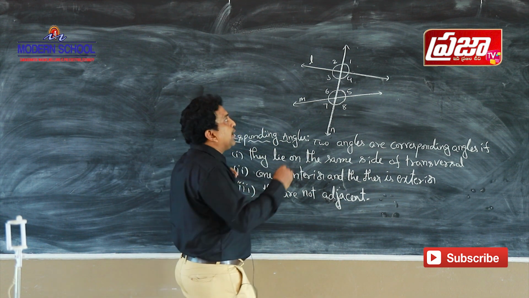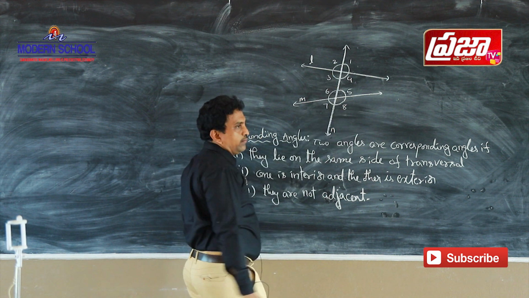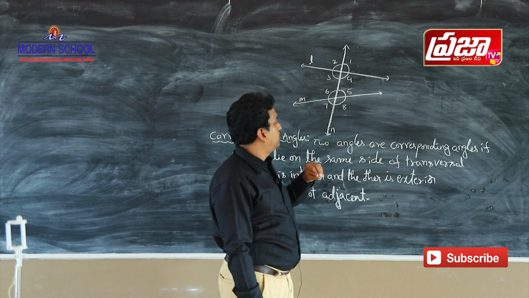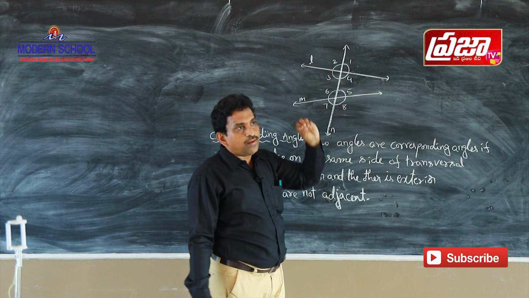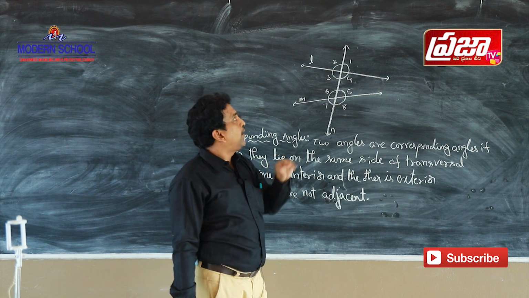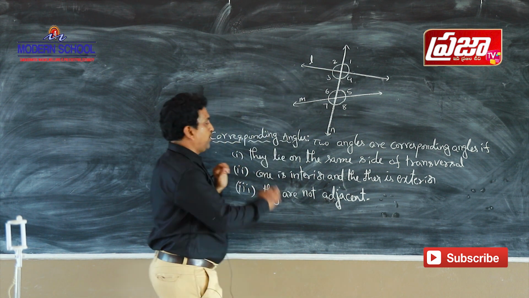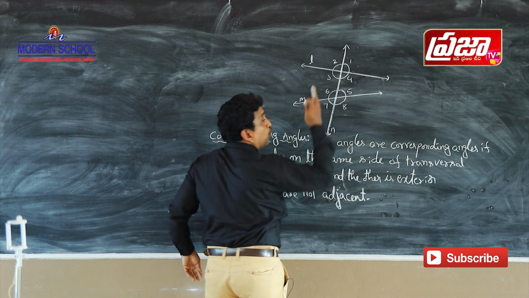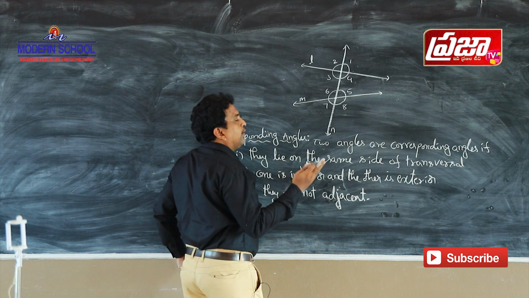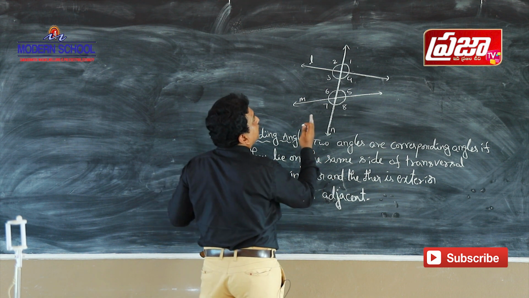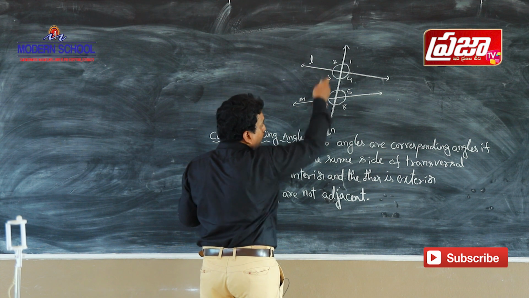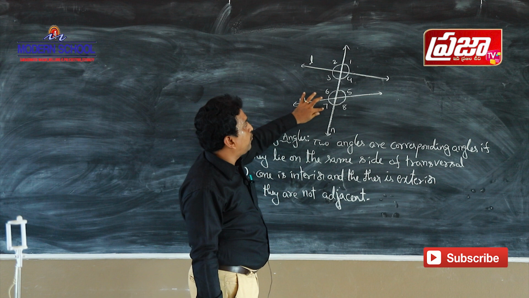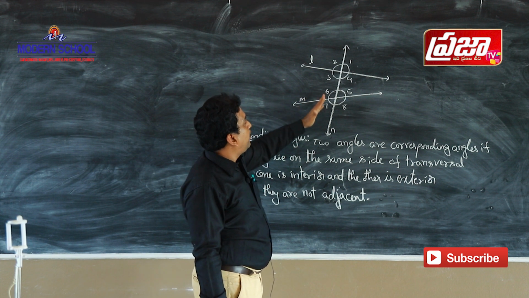For example, if you take angle 2, what is the corresponding angle to angle 2? First point, they lie on the same side of transversal. This is the transversal. Angle 3, angle 6, angle 7 are the angles which lie where angle 2 is.